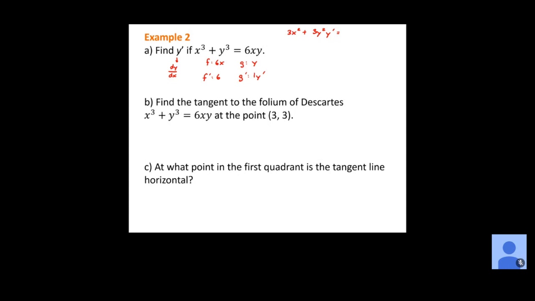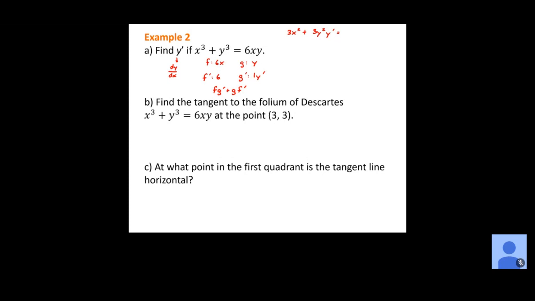Any questions about that part? Remember our product rule is just f g prime plus g f prime.